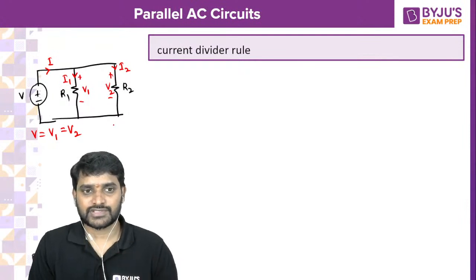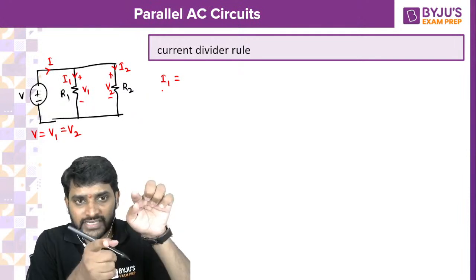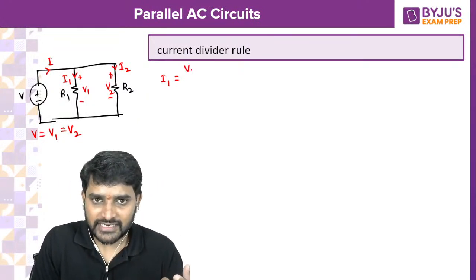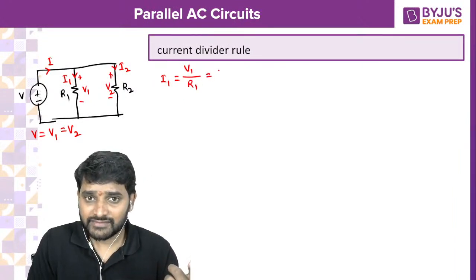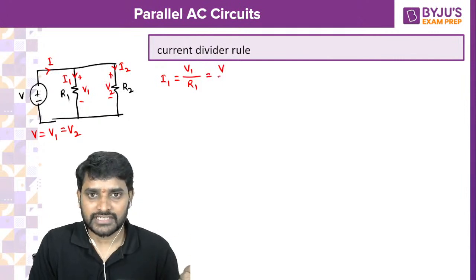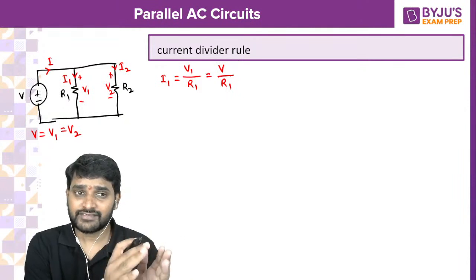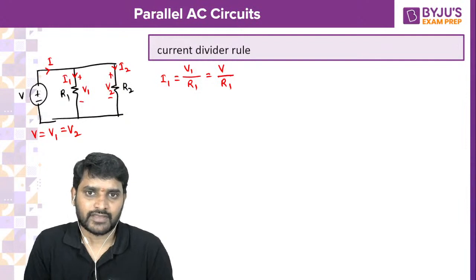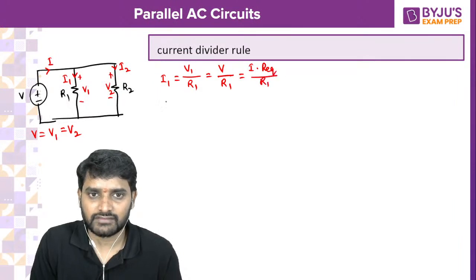Let me take up this one. If you wanted to calculate I1, it is the voltage across that resistance divided by that resistance. By Ohm's law, I1 equals V1 divided by R1. V1 is V, the supply voltage, divided by R1. You can write V in terms of current into total equivalent resistance, so I1 equals I into R equivalent divided by R1.